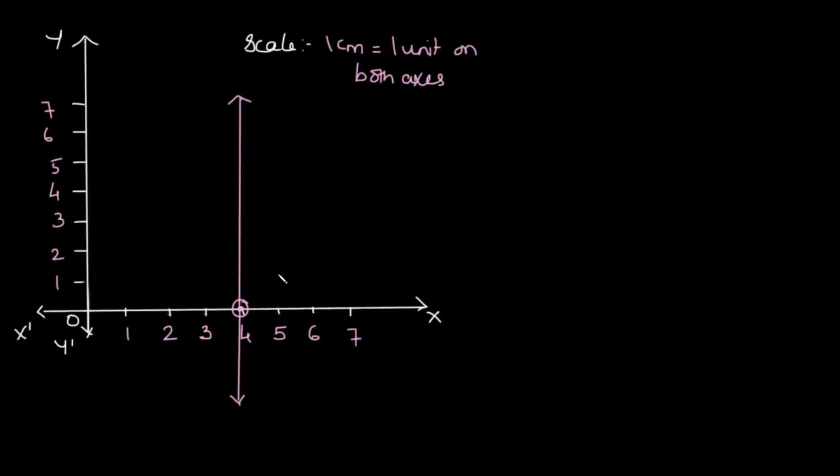The equation of this line is x is equal to 4. Then the second line is y is equal to 6. So y is equal to 6 lies over here, at (0, 6). This is our point on the line, and therefore our line is this way, which is parallel to the x-axis.